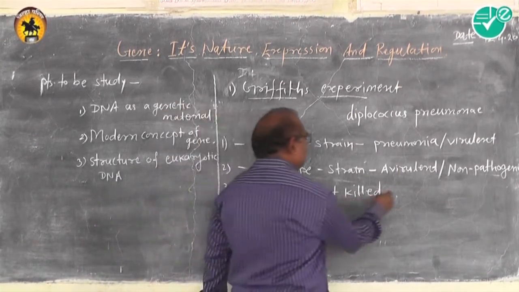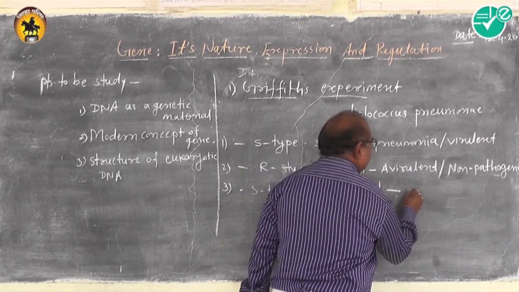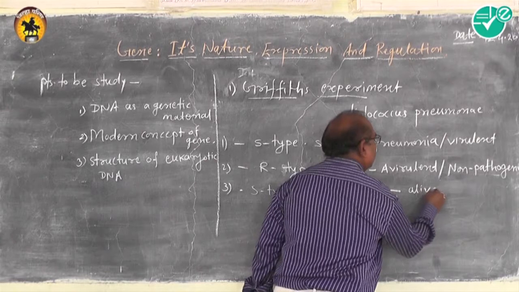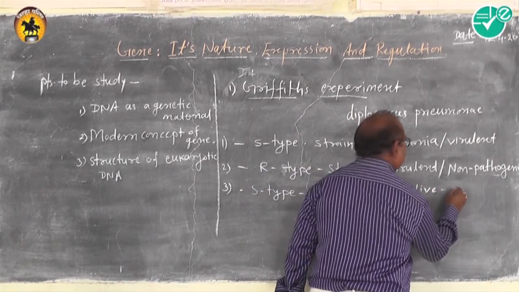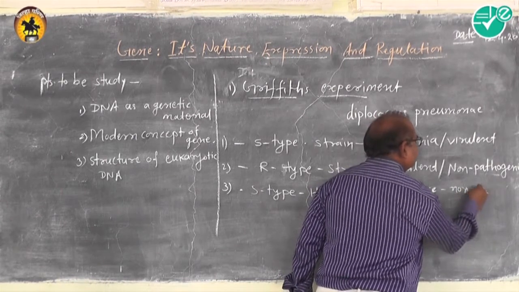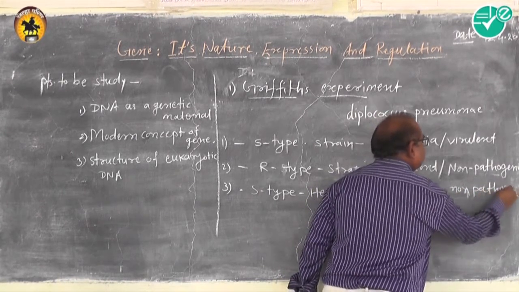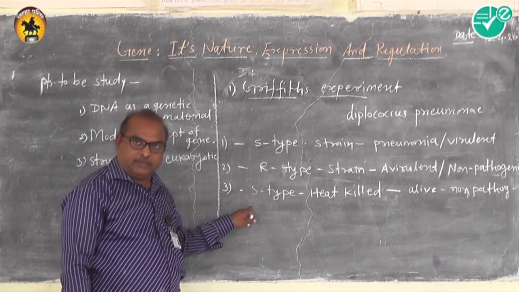When the heat-killed S-type strain was injected, the mouse remained alive in the third step, and it is also non-pathogenic. This is the third step made by Griffith.